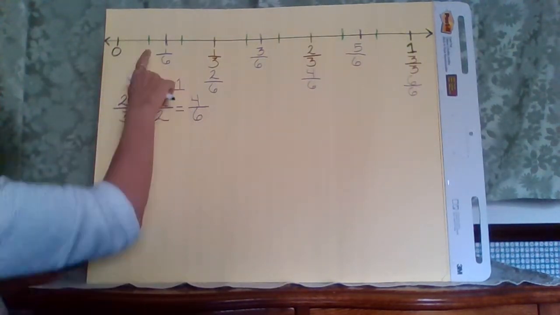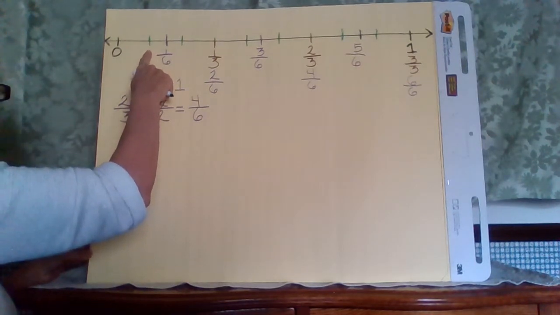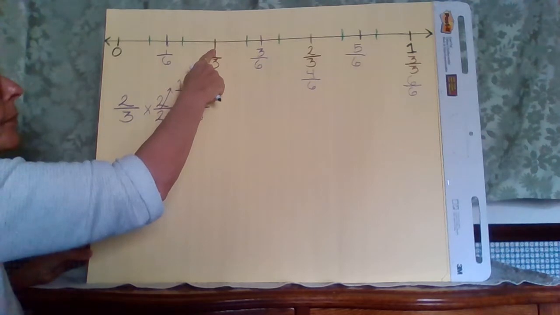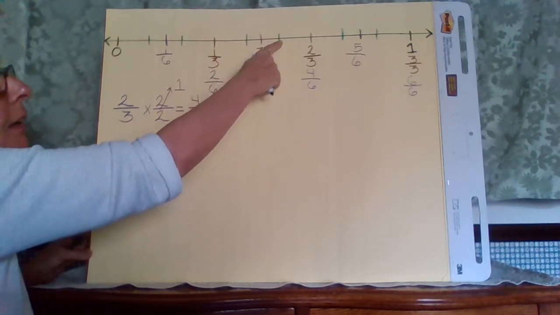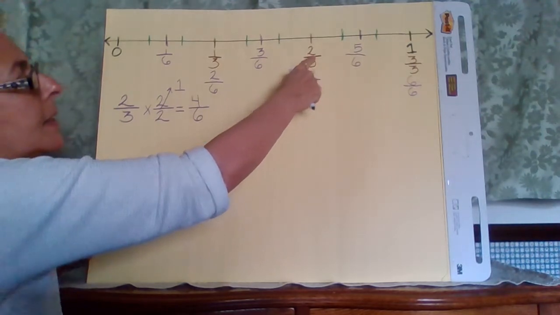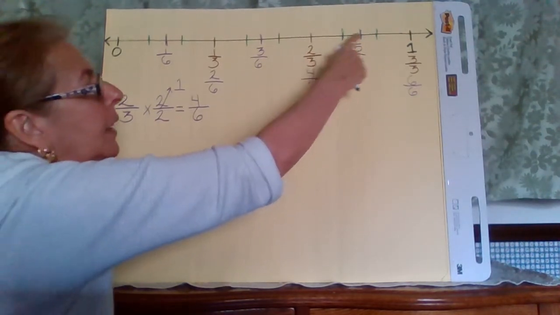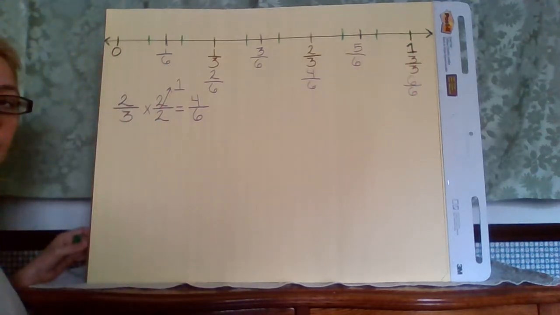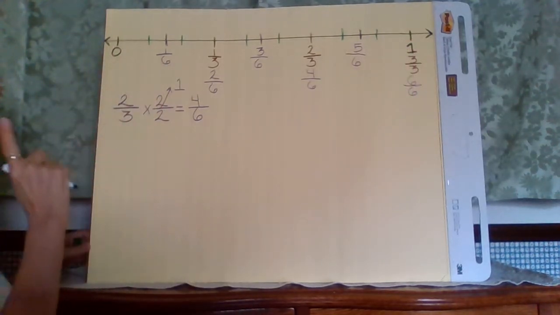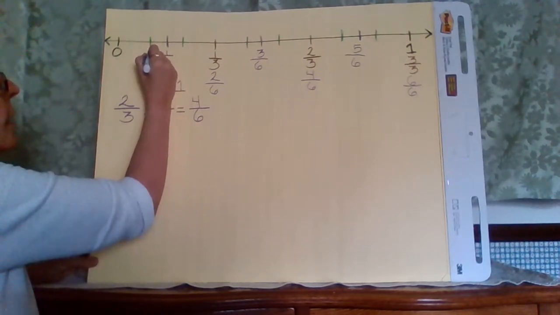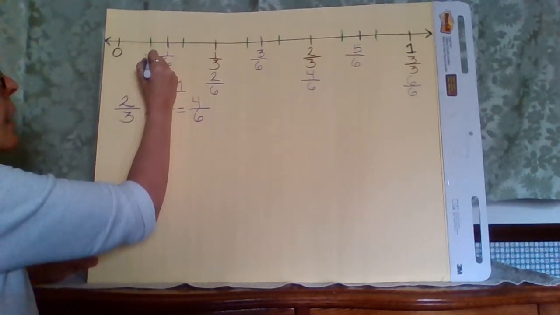Well, let's count them. 1, 2, 3, 4, 5, 6, 7, 8, 9 parts. So each part on my number line is going to be 1/9.